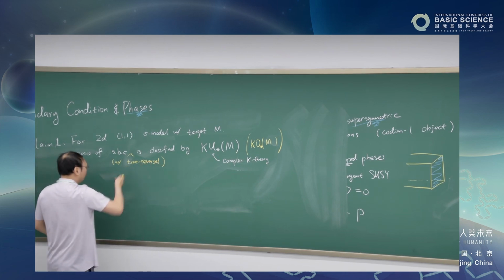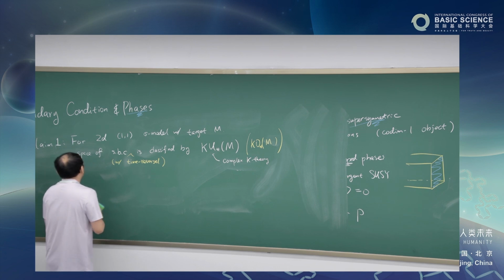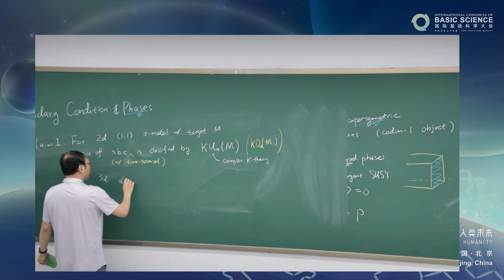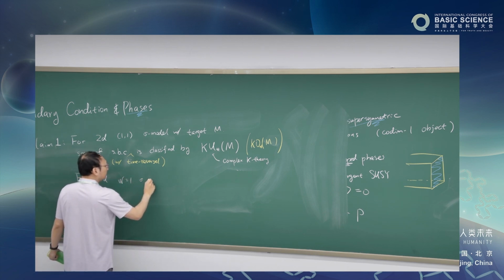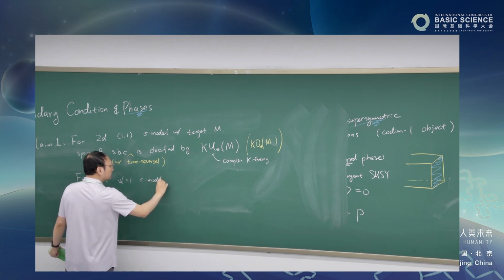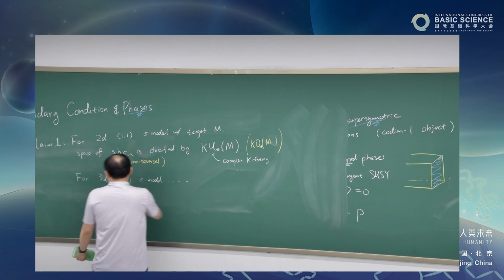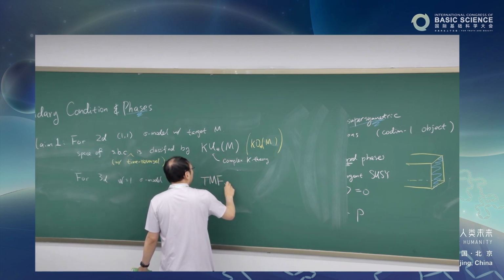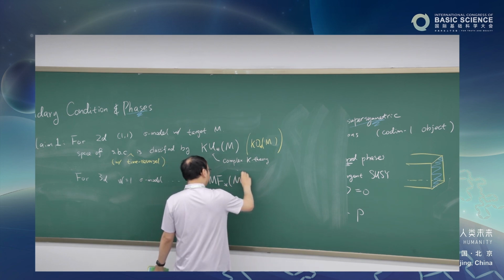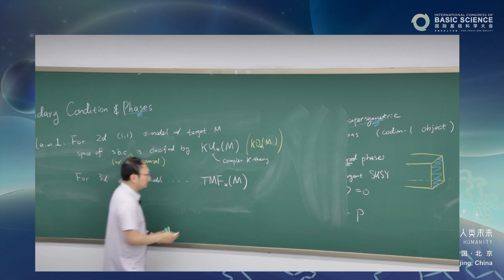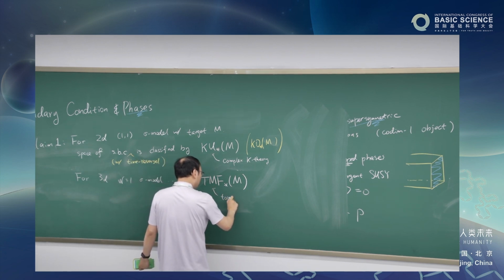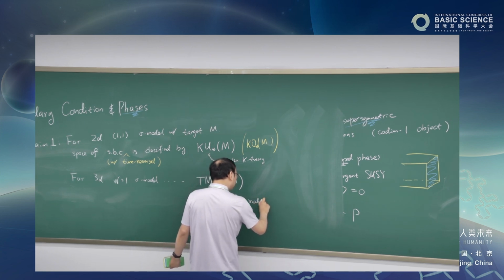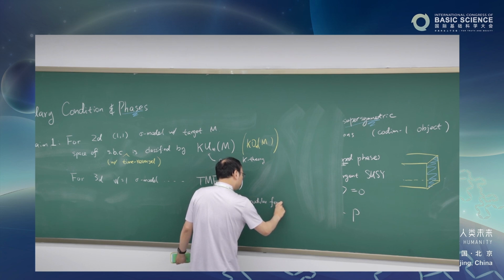And then for 3D, N=1 sigma models, the classification is given by TMF homology of M. This stands for topological modular forms.